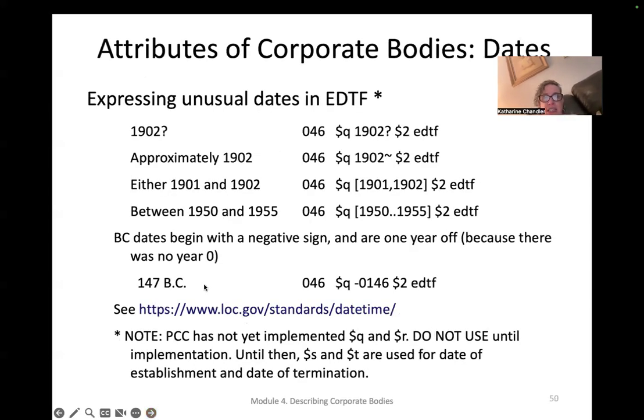And here are all these examples of unusual dates in EDTF, like 1902 with a question mark, approximately, either, and, between. BC dates begin with a negative sign and are 1 year off because there was no year 0.